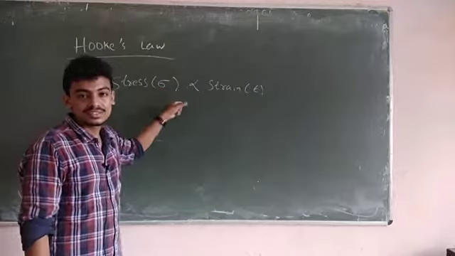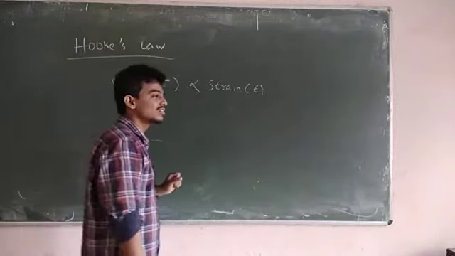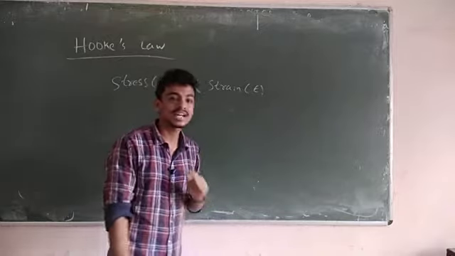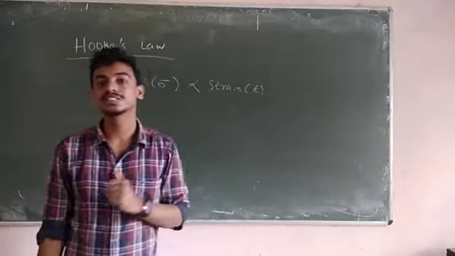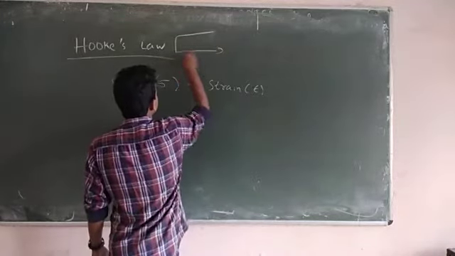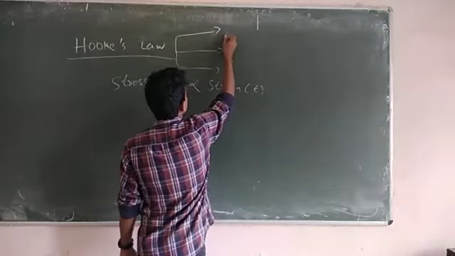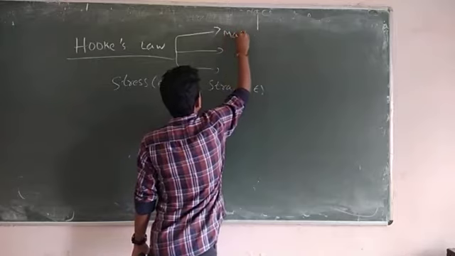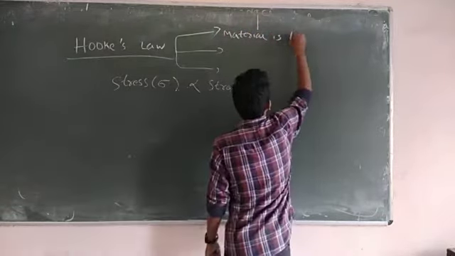For this law, always remember that whatever the law or statement, there are some assumptions behind it. So Hooke's law also has some assumptions, there are three assumptions. The first assumption is that the material is homogeneous.